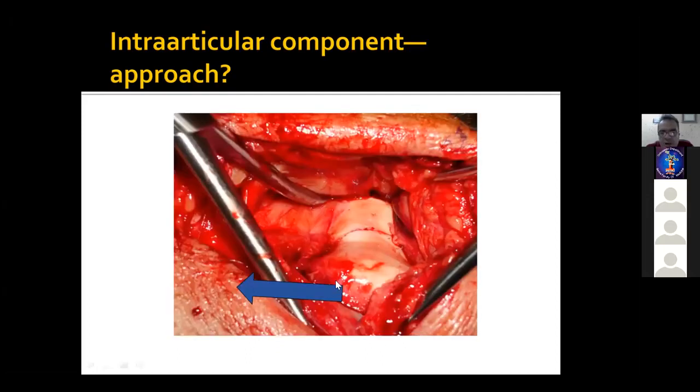We do anatomic reduction by this open method, and we put provisional fixation by a clamp or a K-wire. Then we do definitive fixation of the articular components by interfragmentary screws, as we outlined before, keeping in mind all the time that we are going to put a plate this way to fix the articular block to the diaphysis.